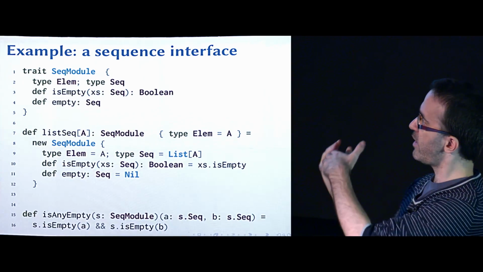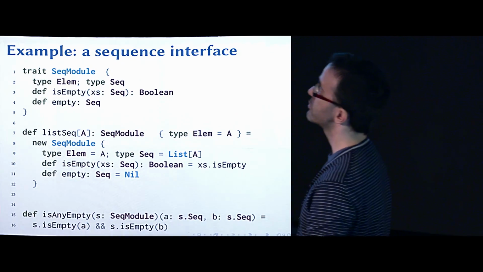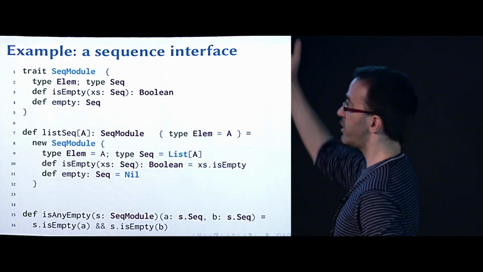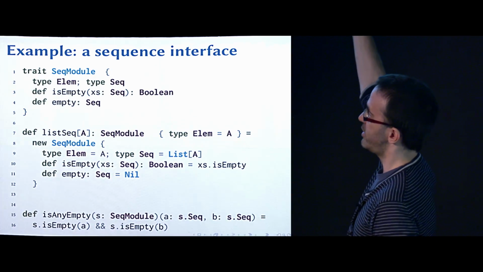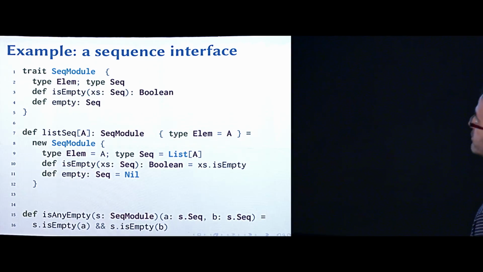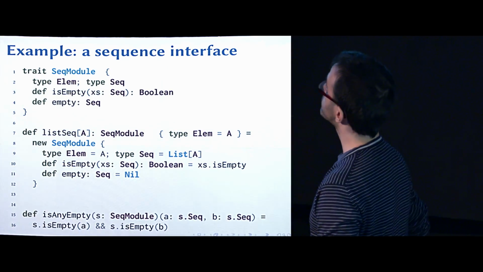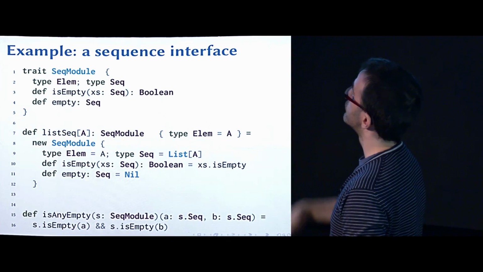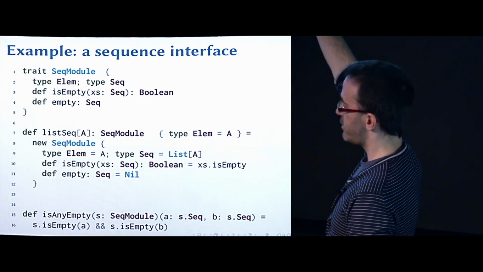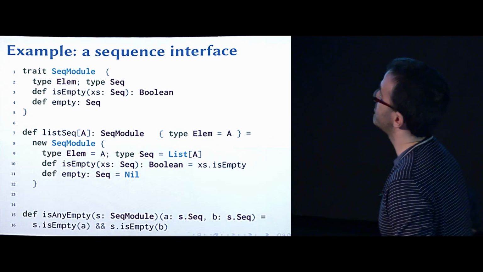Now, we can also define implementations of this interface, and to do that, we implement objects that fulfill this interface and that specify how the abstract types are defined. So here, for instance, we can implement this interface using simply a list.